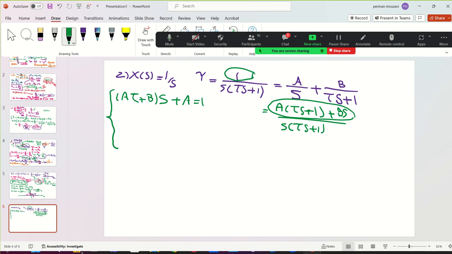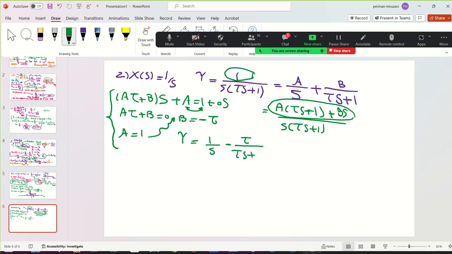There is no s on the right side, so A tau plus B is 0. A is equal to 1. If you substitute this here, you get B equal to minus tau. So Y is going to be 1 over s minus tau over tau s plus 1. You can write it as I did before, 1 over s minus 1 over s plus 1 over tau.